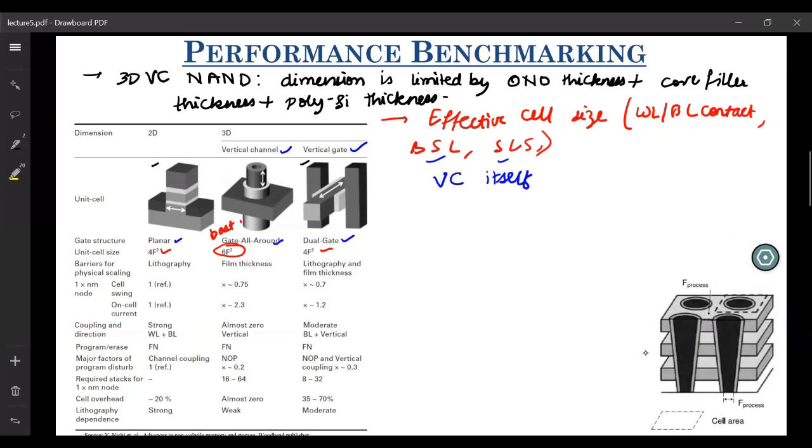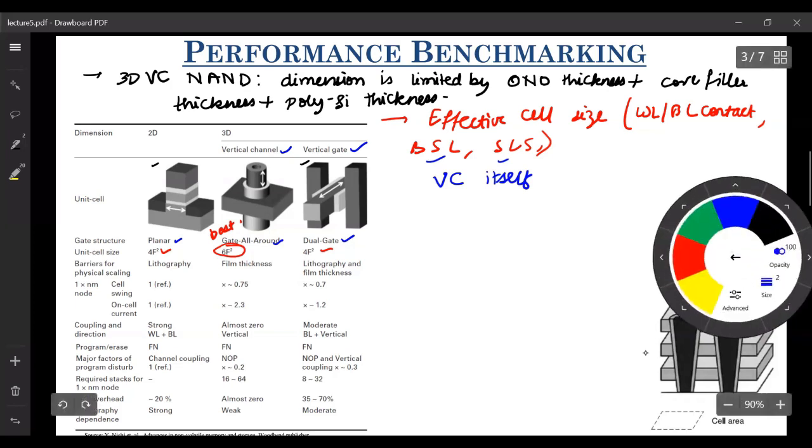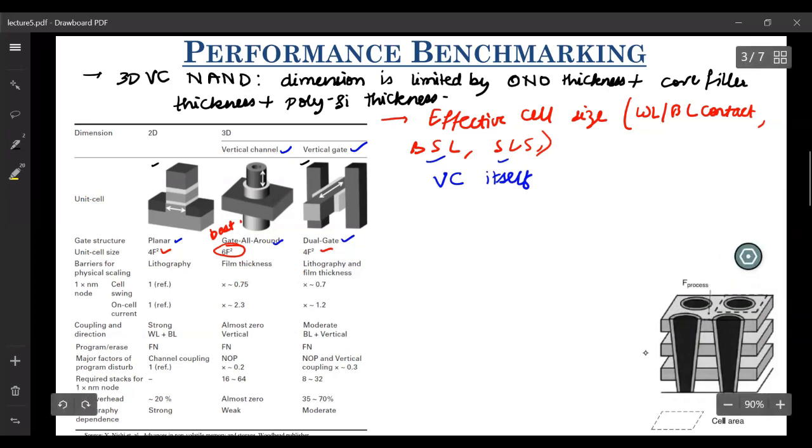So the effective cell size of VC is less than that of VG.